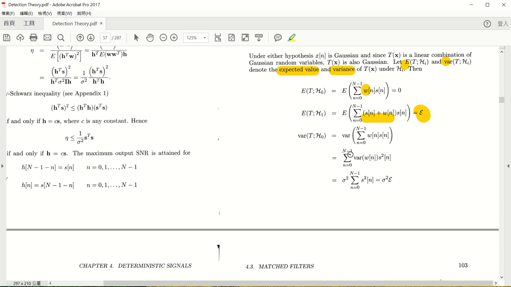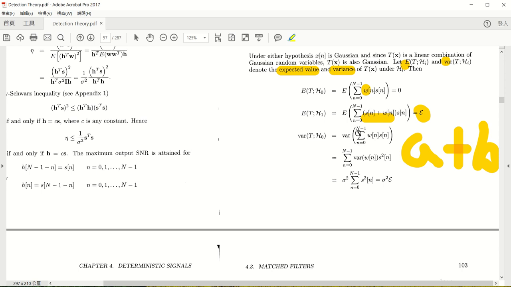This is also a probability identity, right? For example, if you are taking the variance of A plus B, you are taking the variance of this random variable and this random variable, and the outcome will be the variance of A plus the variance of B, under the assumption that A and B are independent.